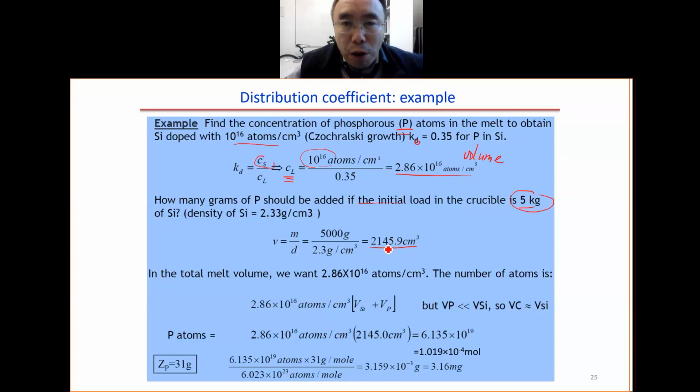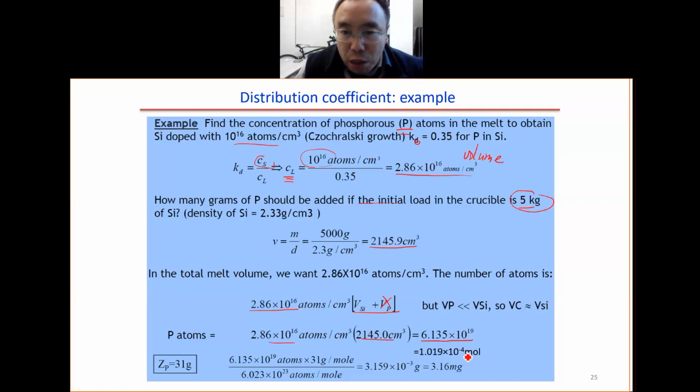Once we know the volume and the volume concentration, we can find the atomic number: the volume concentration times the volume. The volume comes from the silicon and from the phosphorus, but the phosphorus volume can be ignored because it is really small. So we get the total number of phosphorus atoms we need.